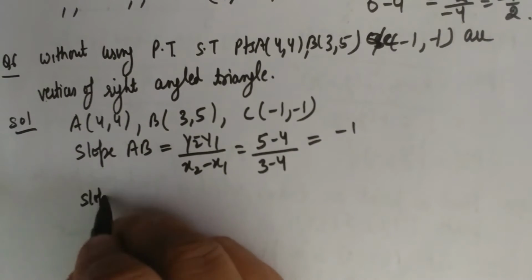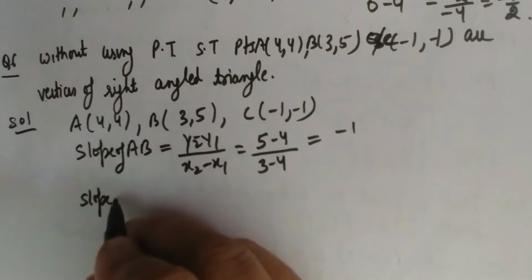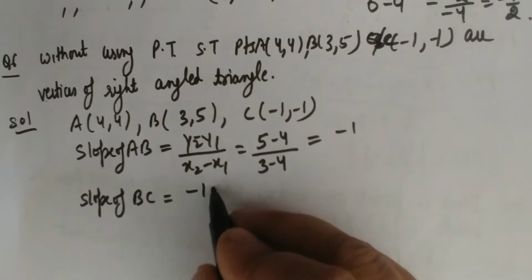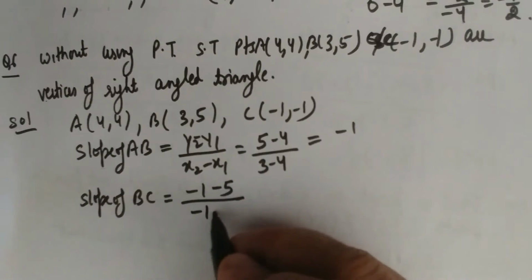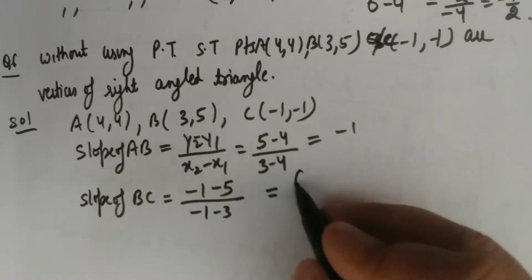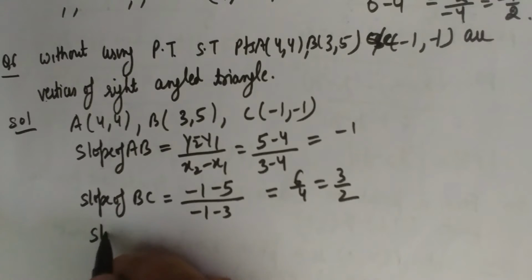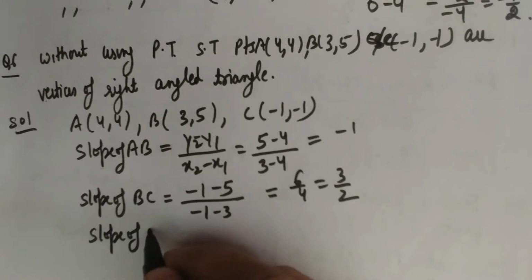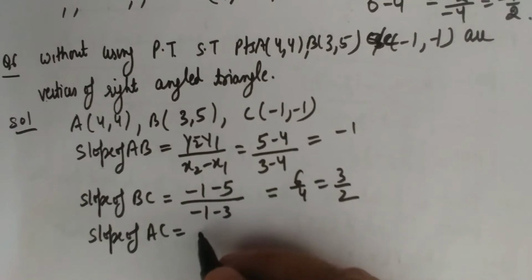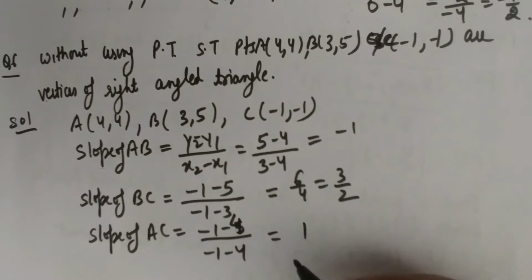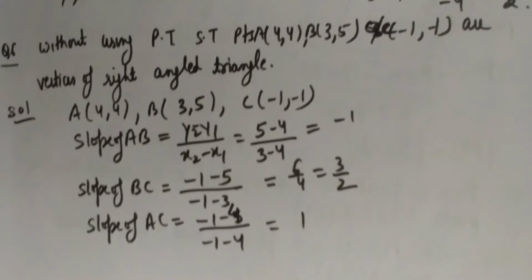What is the slope of BC? Slope of BC is (-1 minus 5) divided by (-1 minus 3). So this is 6 by 4, that is 3 by 2. Slope of AC is (-1 minus 4) upon (-1 minus 4), that is -5 upon -5, which is equal to 1.